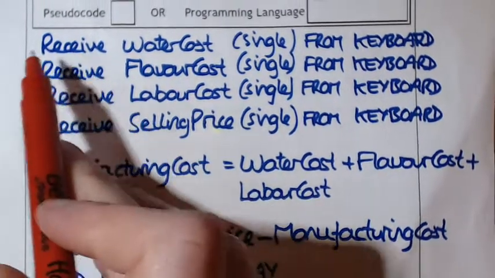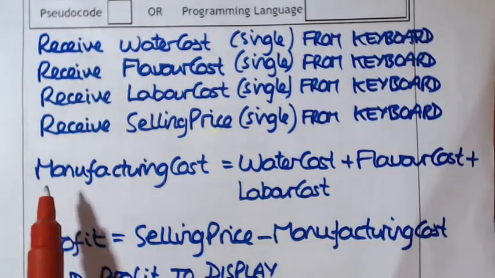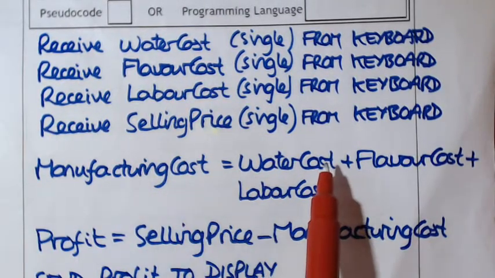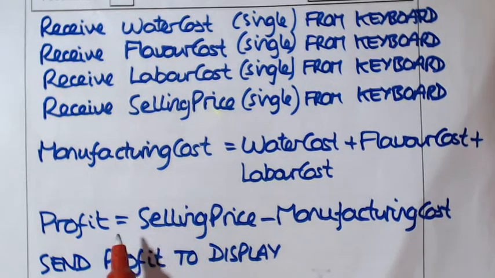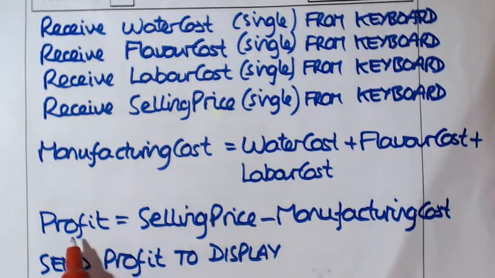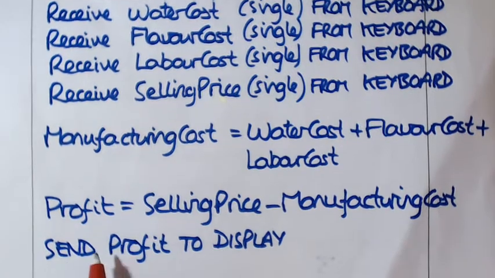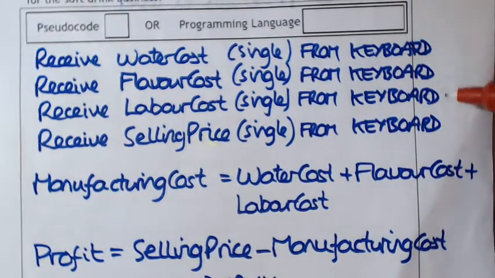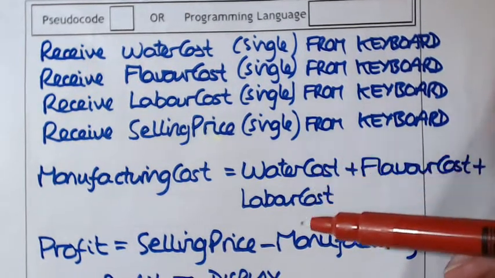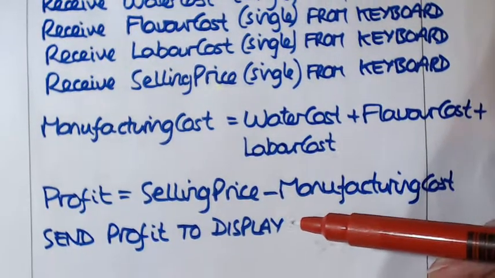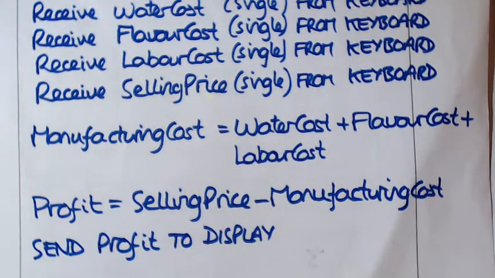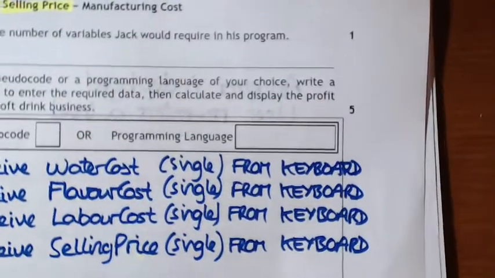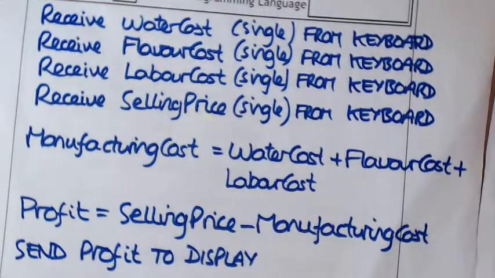We then, once we've got your inputs, work out your manufacturing cost, and after you've worked out your manufacturing cost, you then work out your profit, and then you just send the profit to display. So think of that as your inputs, think of that as the process, and then think of that as just the output. So that's 6 marks altogether, these 2 questions.